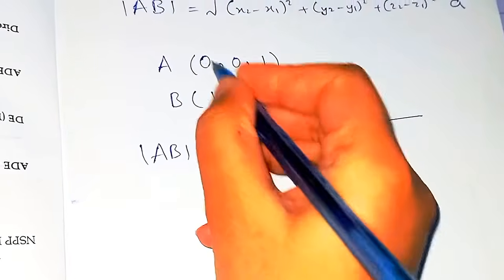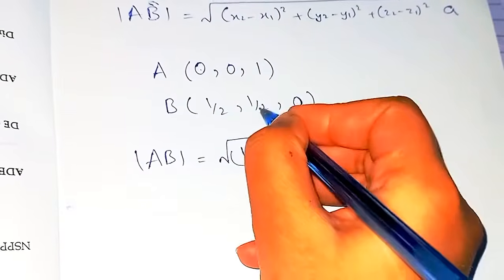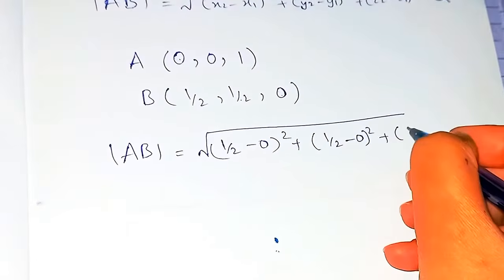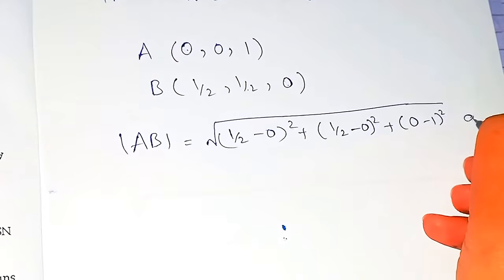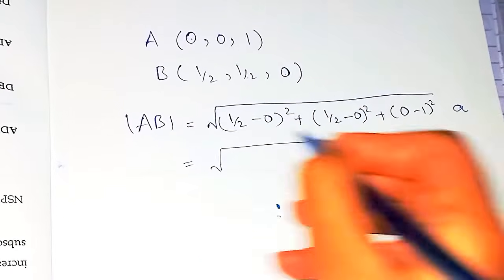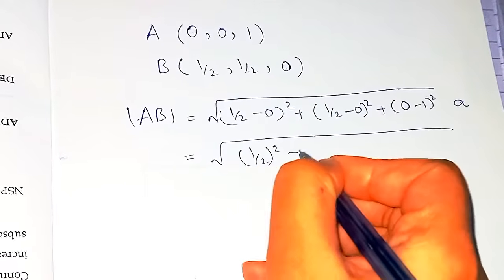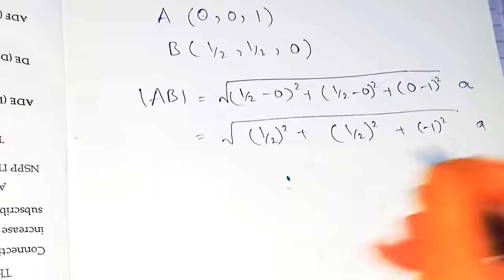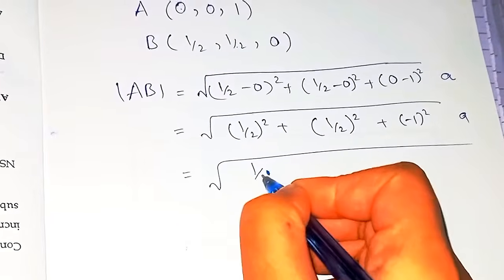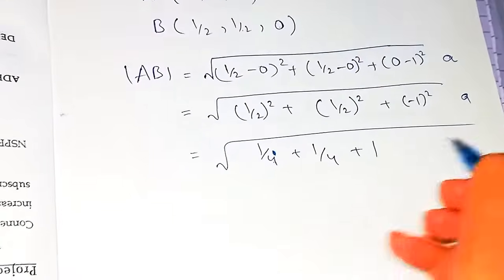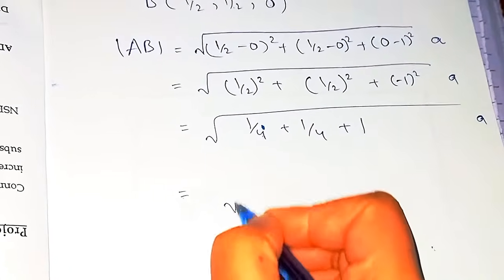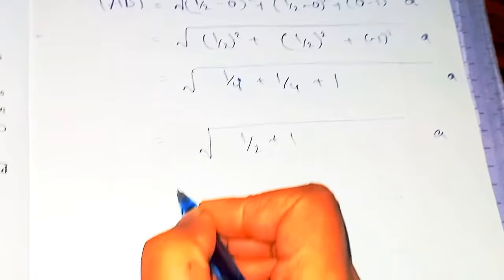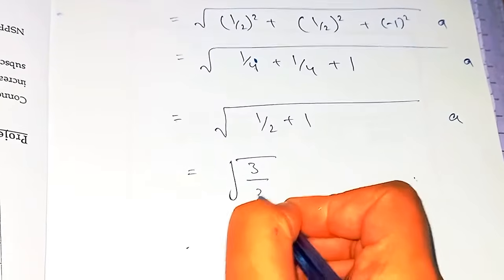(1/2 minus 0) whole square, (1/2 minus 0) whole square, (0 minus 1) whole square, multiplied by a. Next, (1/2) whole square plus (1/2) whole square plus (minus 1) whole square, into a. It's 1/4 plus 1/4 plus 1, into a, which is 1/2 plus 1, into a, and it's under root 3/2 into a.